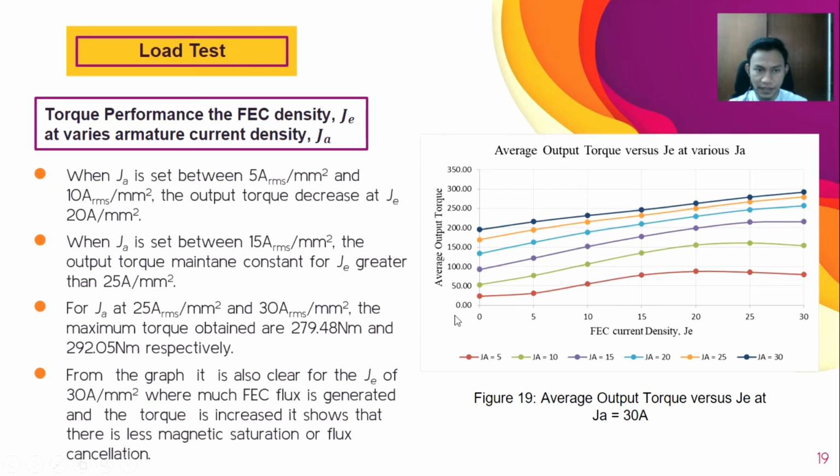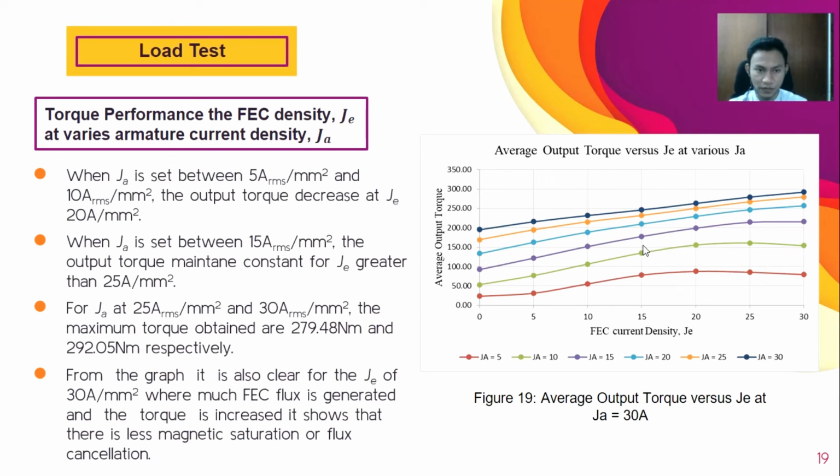For JA at 25 and JA at 30, the maximum output torque obtained for JA 25 ampere is 279.48 torque, and for JA 30 it is 292.05 torque.